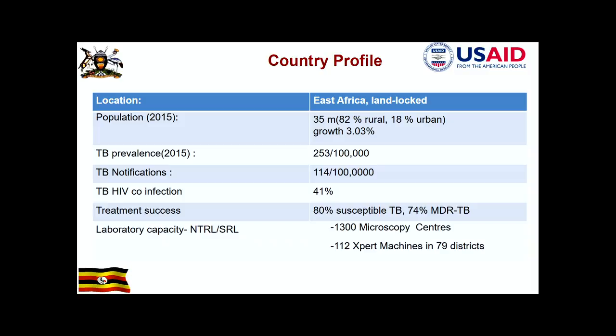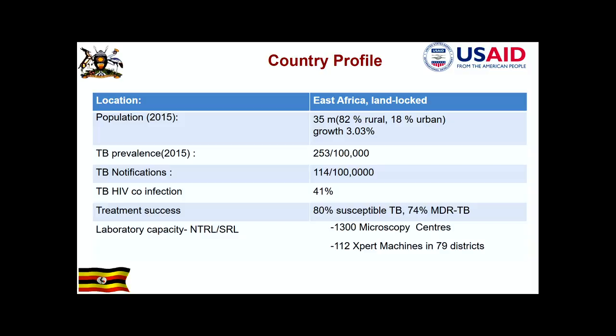TB prevalence, we've just conducted a prevalence survey, and our prevalence is 253 per 100 population, and we notify about 114 cases per 100 population per year. Our TB HIV co-infection is 41%, and our treatment success is 80% for susceptible TB and 74% for MDR-TB.